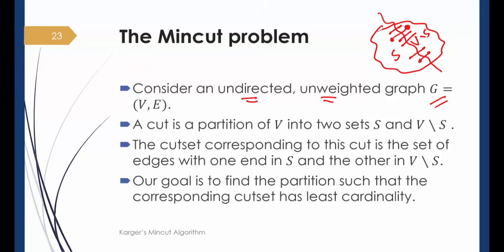Now, our goal is to find the partition, the cut, such that the corresponding cut set has least cardinality. And so, naturally, this is called the minimum cut or the min cut problem.